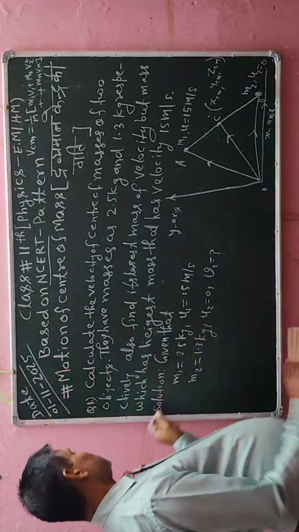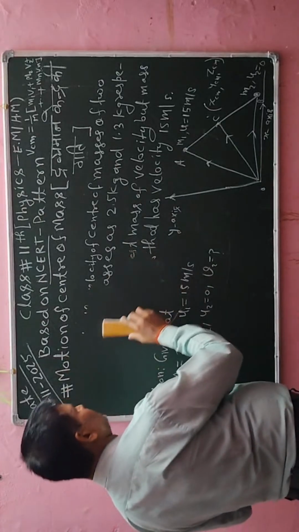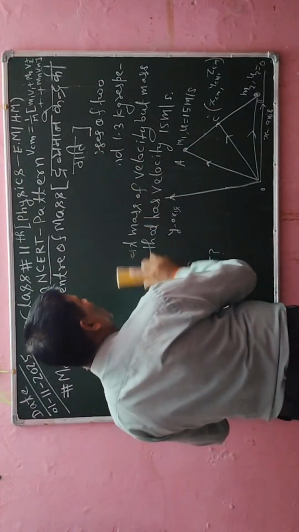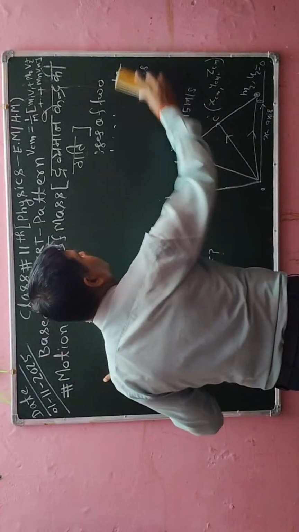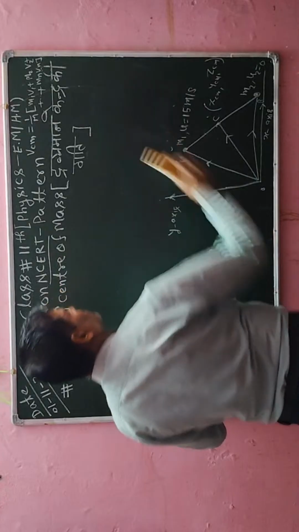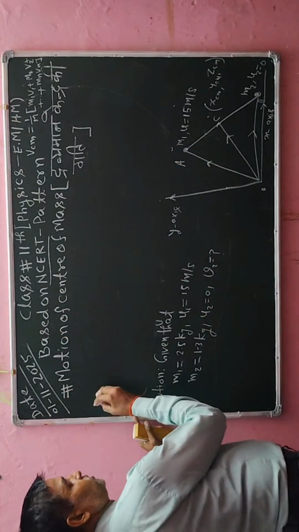Now I am going to erase the above data, because I have written the information of the question, so I will utilize that information. Here I am going to write according to the formulas.